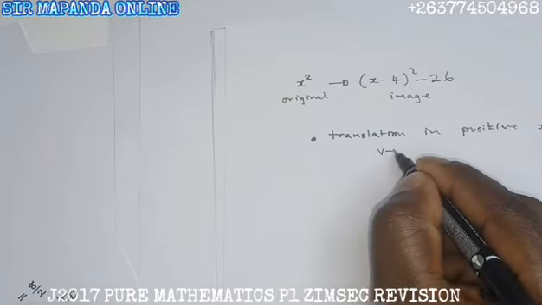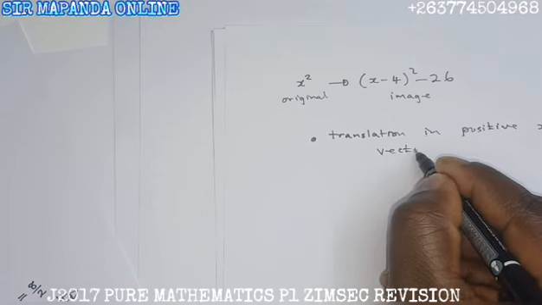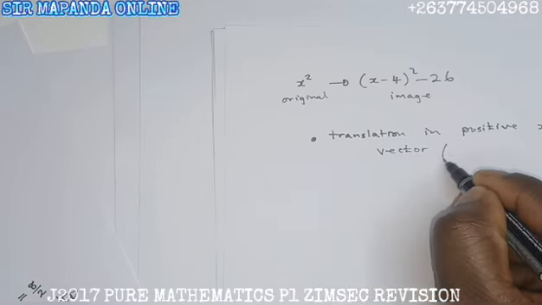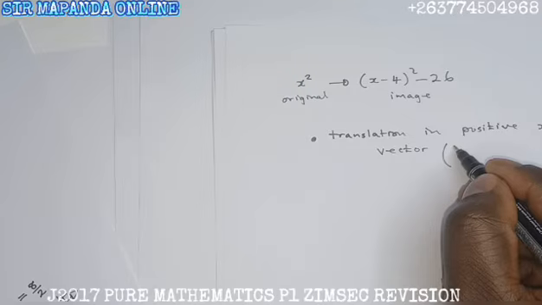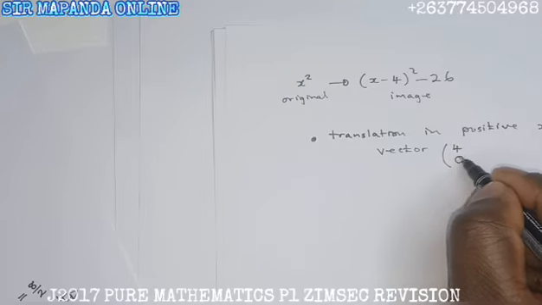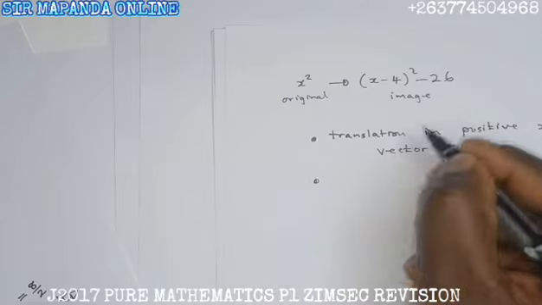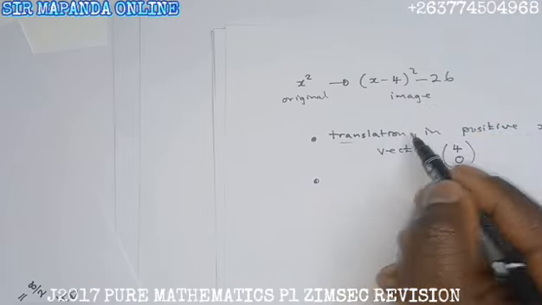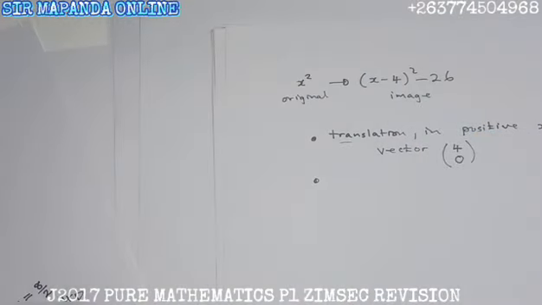Then the vector is also required. You give the vector, and the vector is plus 4 and 0. So this is the first transformation: translation in the positive x direction with the vector (4, 0).